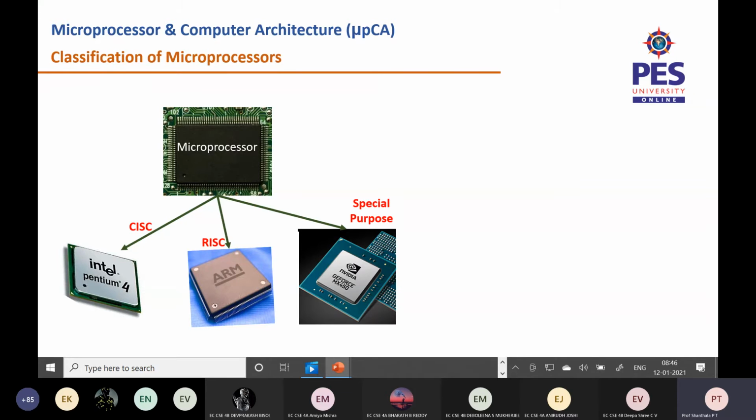The next one is special purpose microprocessor, like what we discussed, GPUs, NPUs and TPUs. So these are the main classifications of the microprocessor: CISC, RISC and special purpose. We'll continue with what a RISC machine and a CISC machine are, and the difference between these two architectures with some examples.